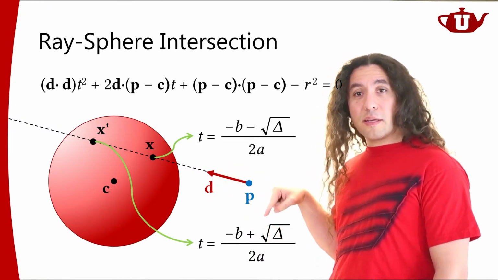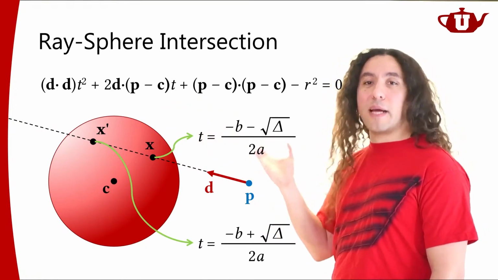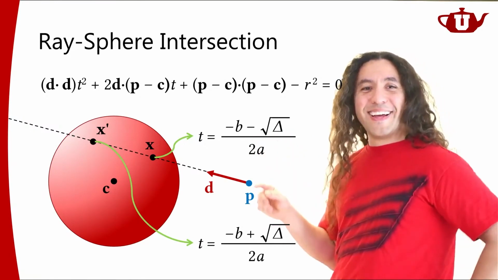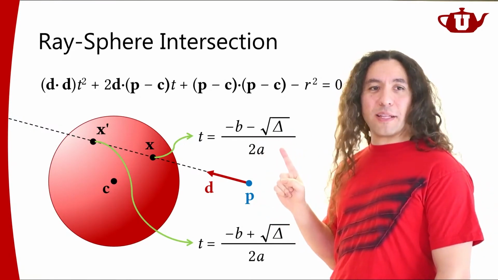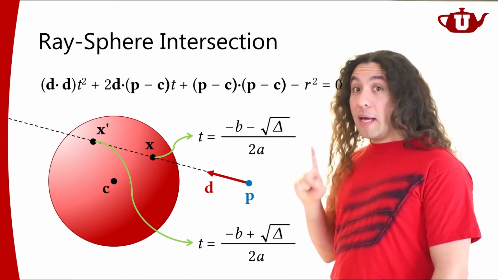And this one is going to give me the next intersection, right? And if I'm rendering a sphere and I want to see what's outside of the sphere surface, then I will always be using this one. I will never be using this one.